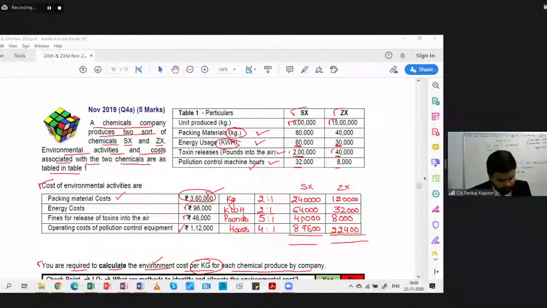Make a sum total of these four. It will be, sir, 4,33,600, and this one will be 1,82,400. Yes, yes. Kunal from Faridabad is doing good. Good calculation. Yes. Fine.